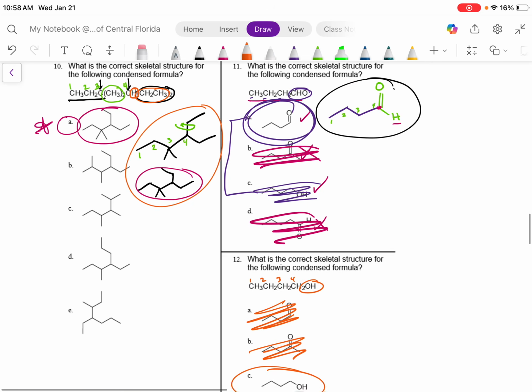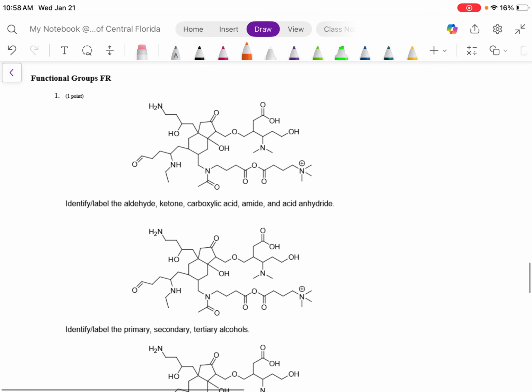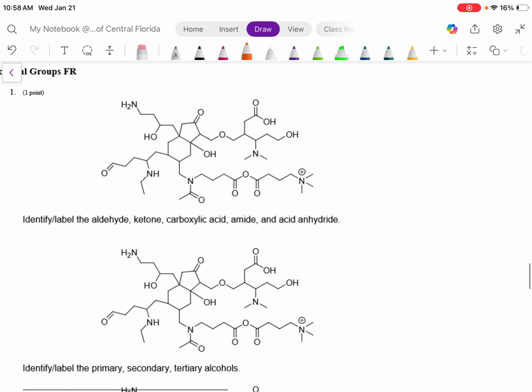And let's see. Oh, now we have our FRQ here. Identify and label an aldehyde, ketone, carboxylic acid, amide, and acid anhydride. So when you have problems like this, you have to annotate. So we could say this one right there is a carboxylic acid. If you want to number it like 1, 1, that's fine.